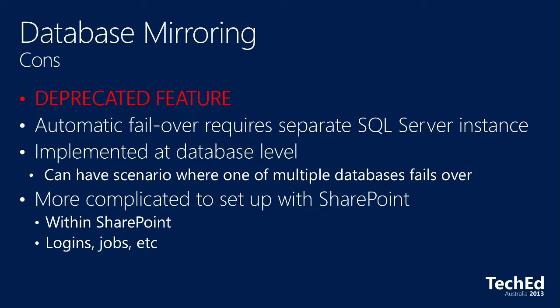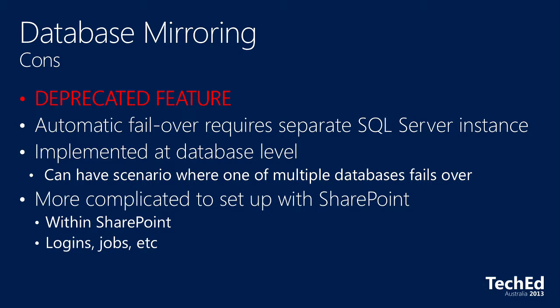It depends on your architecture in that particular case. The other problem is that it's a bit more complicated to set up with SharePoint. There are similar constraints with logins, jobs, and those sorts of things.